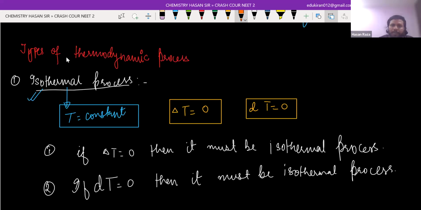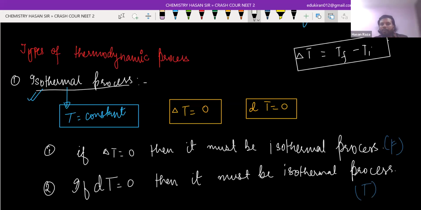Now see, "must be" makes it wrong for delta T. Why is it so? You know that delta T only represents T final minus T initial. If you are carrying out a process for 1 hour and delta T equals 0, it means that initial and final temperature are the same, but it is not saying anything between initial and final.